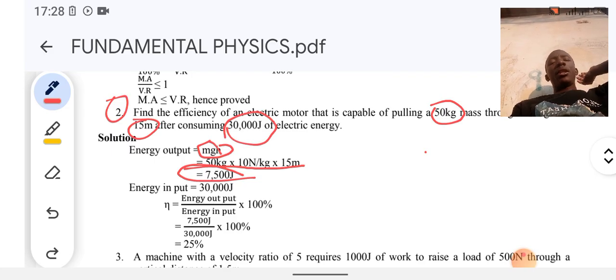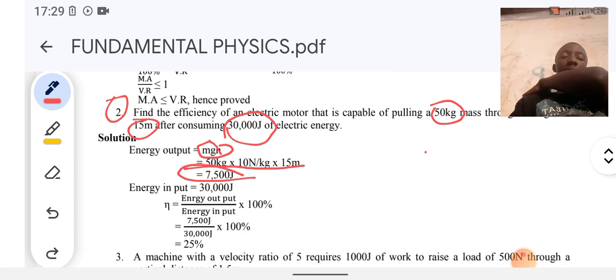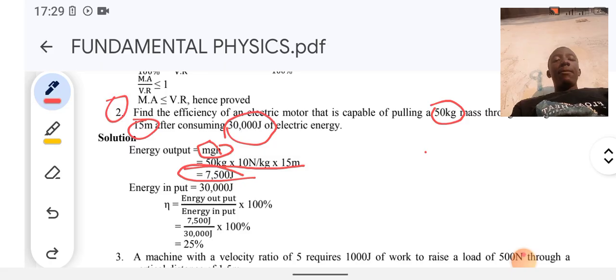So we're going to get the 7,500 joules we found, and we're going to divide it by the 30,000 joules, and we're going to multiply it by 100% to get our efficiency, which is 25% when you've done the calculation properly, as seen right there. Okay, so move on. These are some examples, but due to time, it's the same concept.